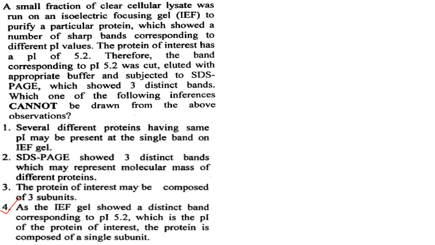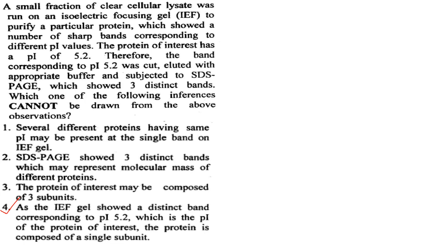As the IEF gel showed a distinct band corresponding to pI 5.2, which is the pI of the protein of interest, the protein is composed of a single subunit. That is not correct. This pI 5.2 corresponding to that particular band could have several different proteins having the same pI also. So you cannot say that it is the pI of the protein of interest.